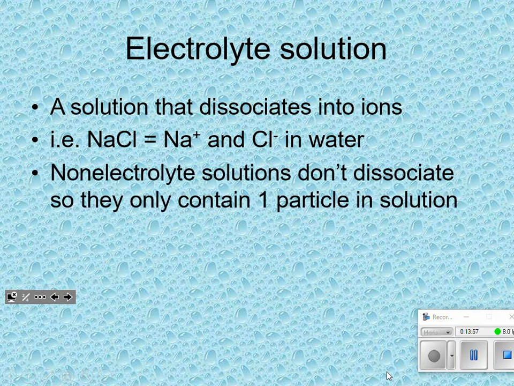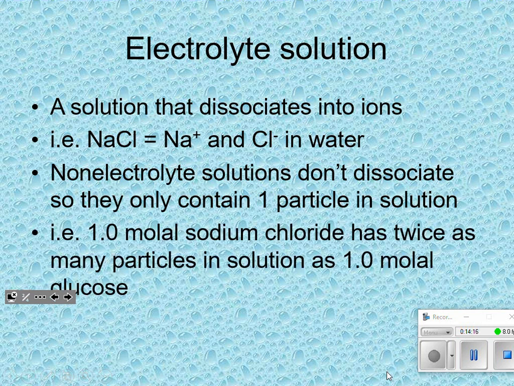A non-electrolyte solution, however, does not dissociate. So I just showed you the video from our online textbook dealing with osmotic pressure for osmosis. And they gave a glucose example. Glucose is a covalent molecule. So it does not break apart into ions when dissolved in water. It's just surrounded by the water.